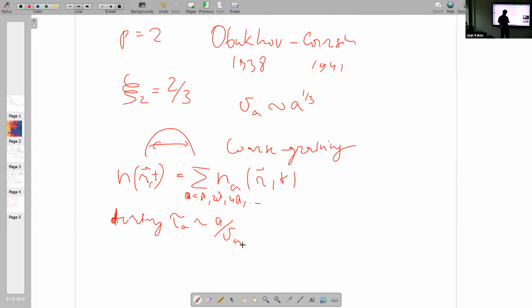Because V_A is proportional to A to 1/3, tau_A is proportional to A to the power of 2/3, since 1 minus 1/3 is 2/3. During that time, A goes to A over 2. The blob becomes stretched, narrower, and goes in Fourier space to smaller scales.